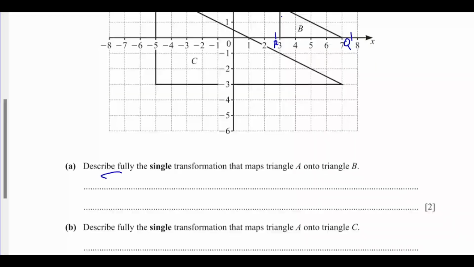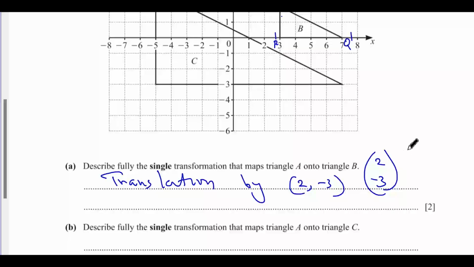So we can write translation by the vector. You can write it in coordinates, x equals 2, y equals negative 3, or you can write it in vector form. This is just 2 marks, for the name of the transformation and for giving the coordinates of x and y.